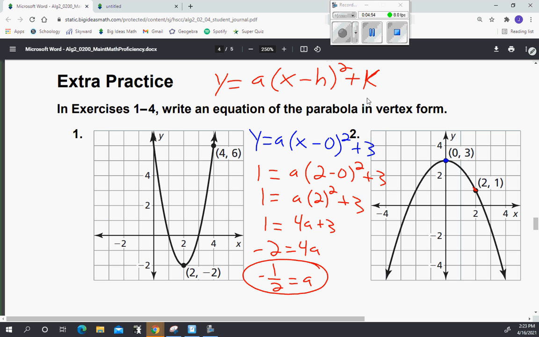So my equation of this parabola is y equals negative 1/2 times x, oh, it's x minus or plus 0. What's x minus or plus 0? It's just x, right? So I just have negative 1/2 x squared and then plus 3. That is my equation of that graph.